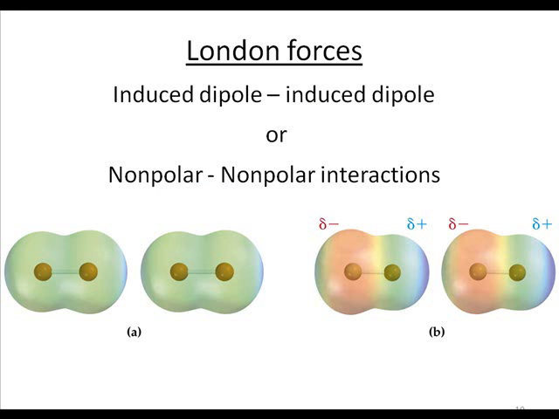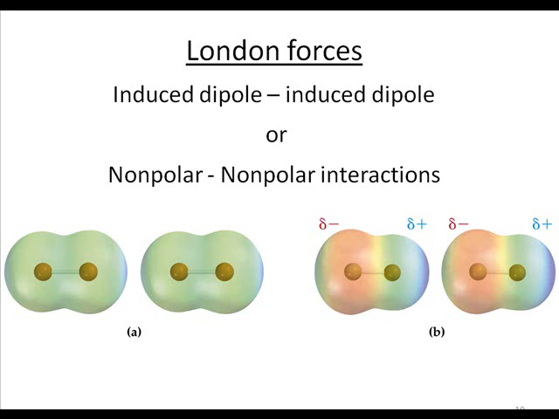So what happens is this. You have non-polar molecules on the left. That's the A. And what happens is one of those non-polar molecules has a momentary unequal distribution of electrons. In this case, if you look over at B, the molecule on the left, you suddenly have a higher concentration of electrons on the left, lower concentration on the right. You create a polarity.